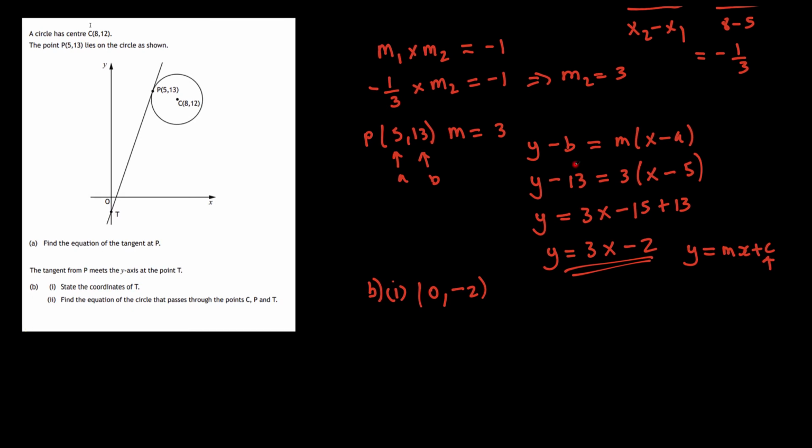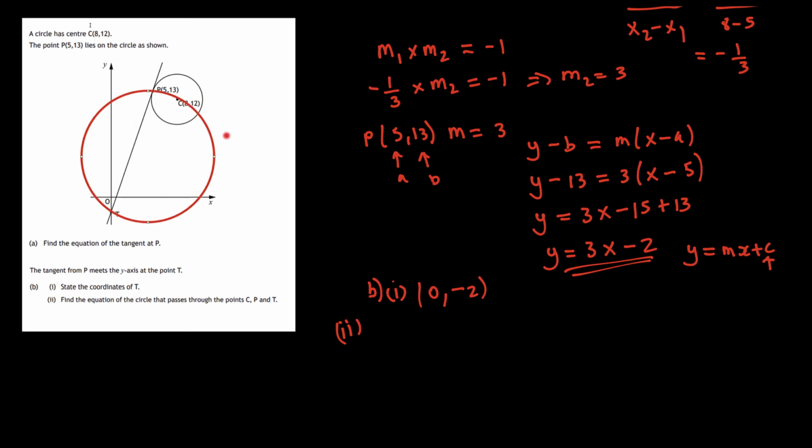And the next part, part B2, we're asked to find the equation of the circle that passes through the points C, P and T. In other words, the circle passes through these points. I'll see if I can draw a wee circle in there.